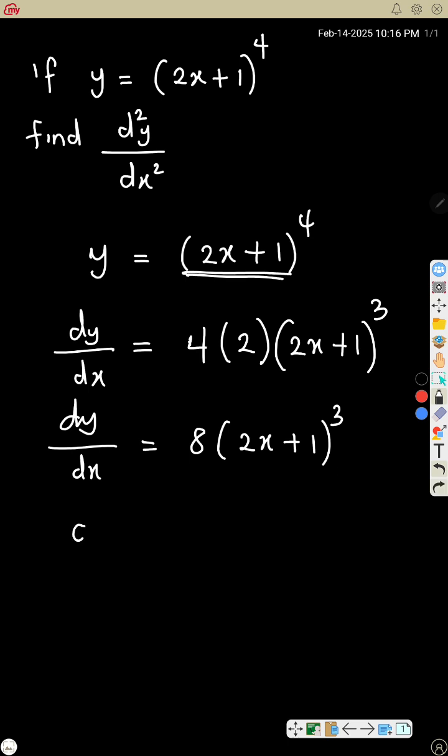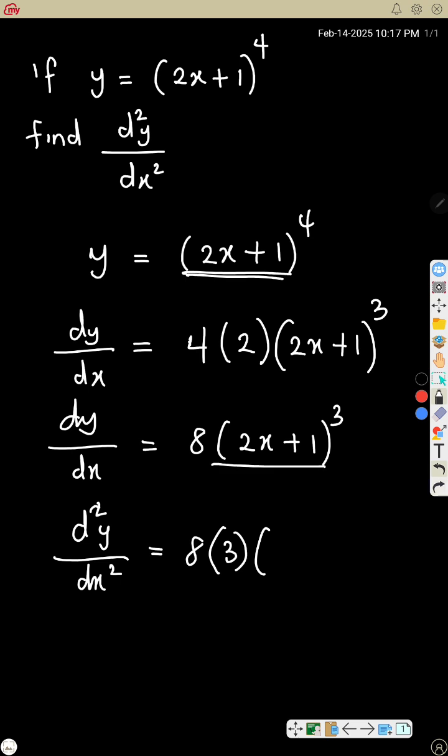But the question says d²y over dx², meaning you should differentiate this answer again. As usual, you have 8, write it. Now differentiate again, it means this 3 will come down. This power, you write it first the same way again.